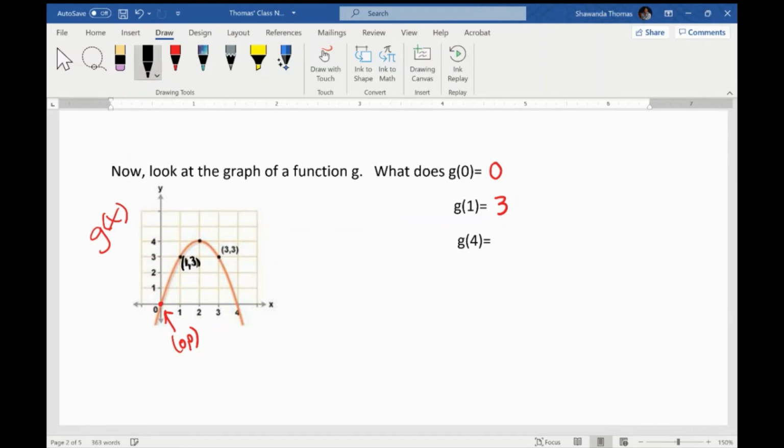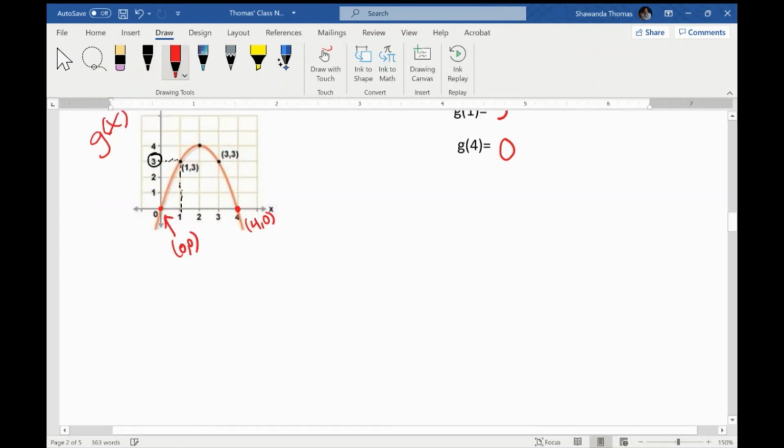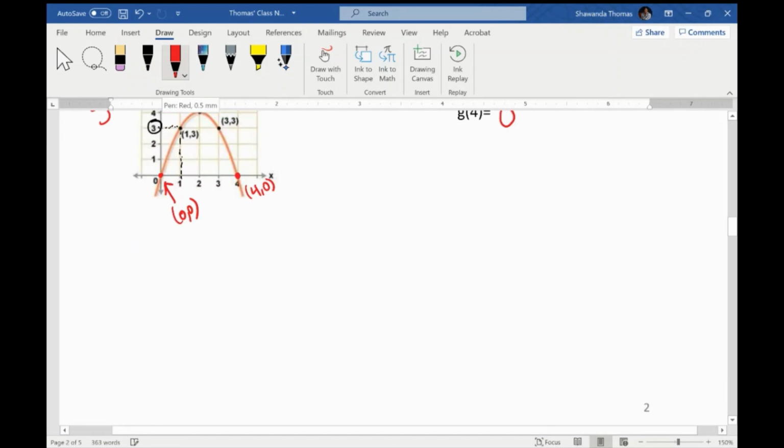But even if they didn't tell you, you look at 1, which is right here, and go up and make an intersection to the y-axis. That's your 3 right there. And g of 4 equals 0, because it went right back down. That is (4, 0).